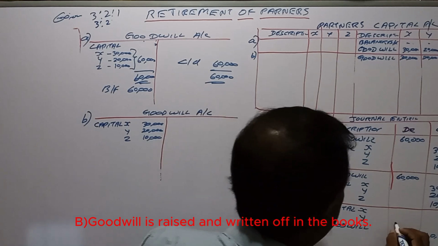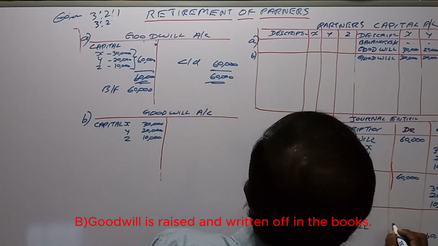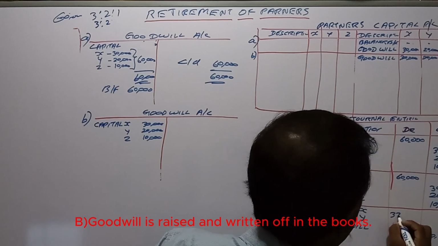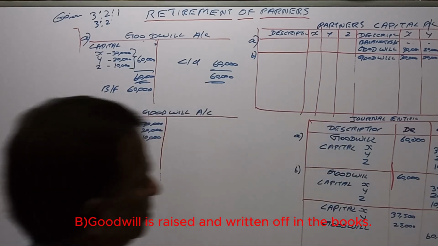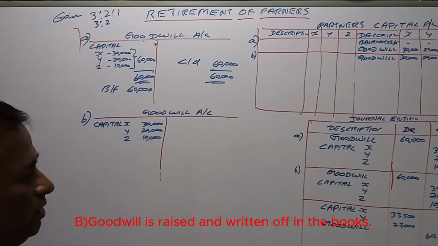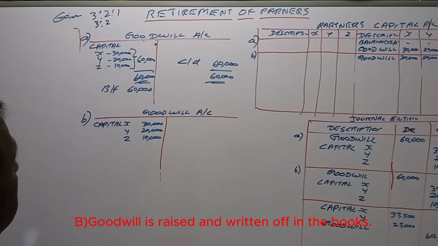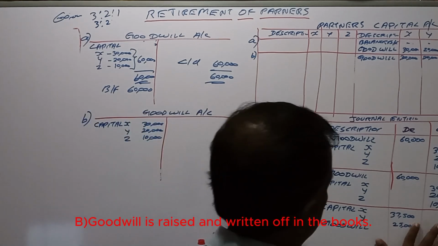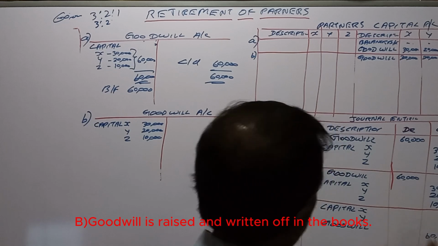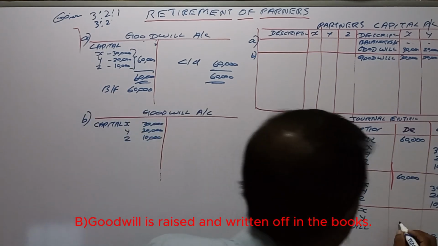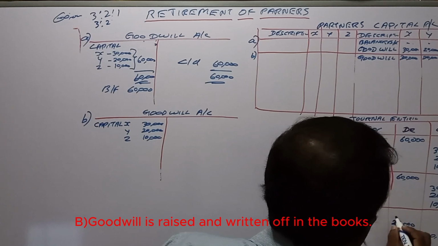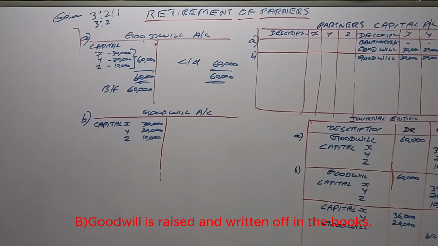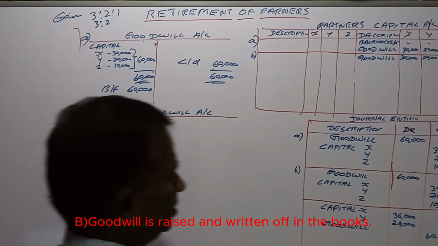No, sorry, 12,000. 12,000 means 24,000 and 36,000, right? 36,000. It is written off.